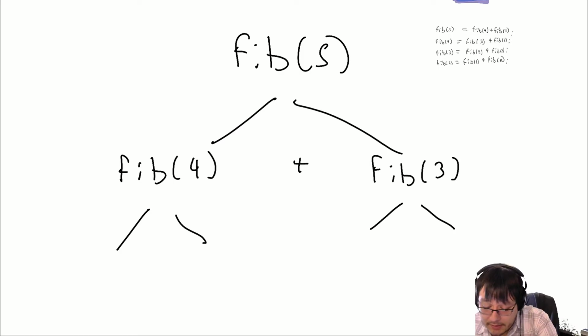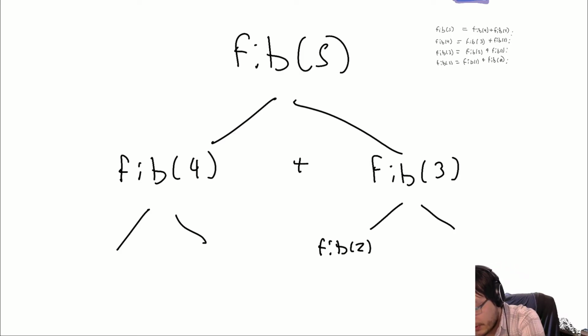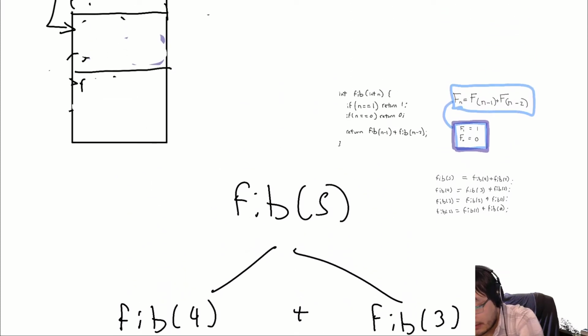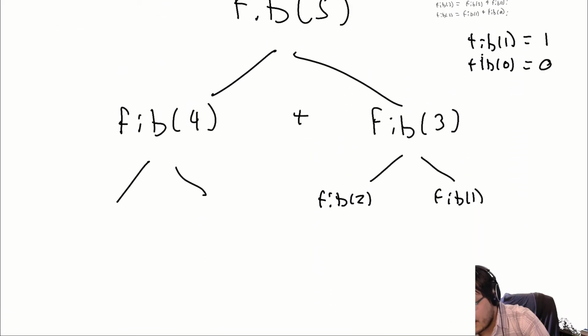Okay. So then Fibonacci 3 is going to be based on the answer of Fibonacci 2 and Fibonacci 1, which we already have. I'll even write it here. Fibonacci 1 and Fibonacci 0 are equal to 1 and 0. The tree stops here, because this one we know.